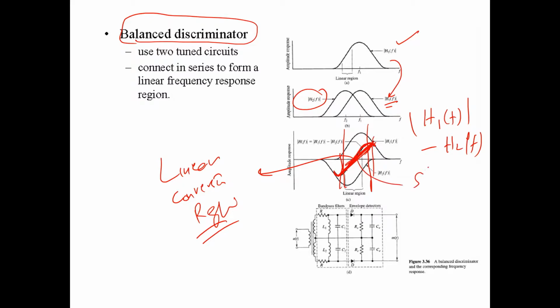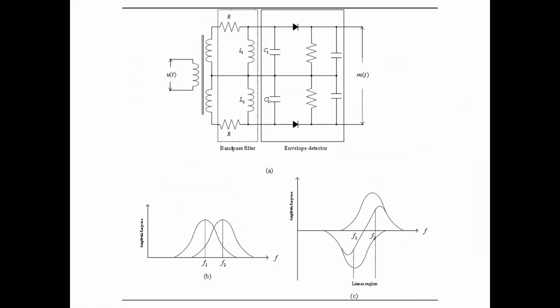Basically the slope of this linear region defines the conversion from FM to AM. So to obtain a larger linear region, we can use the tuned circuit implementation. These are my two filters, which will be converting FM to AM, and then I can use just the envelope detector at the output.